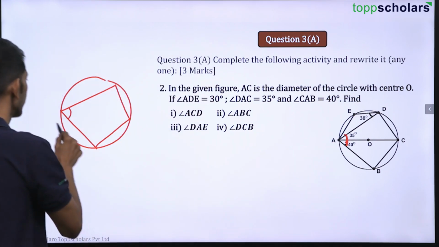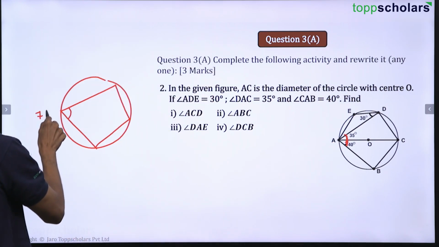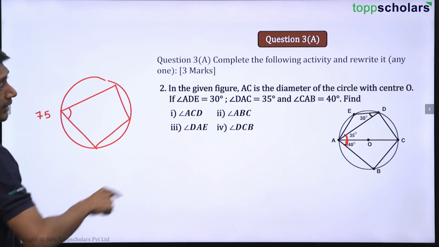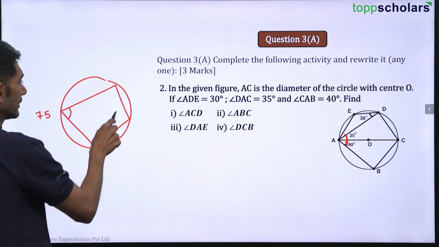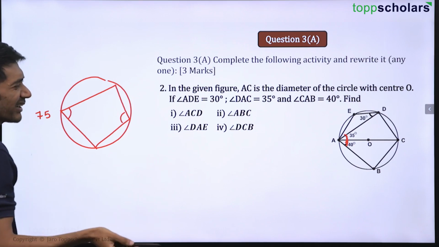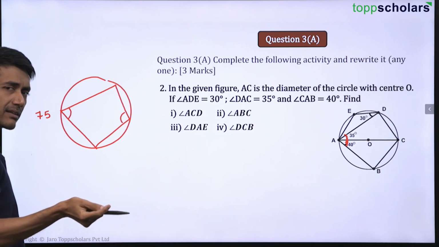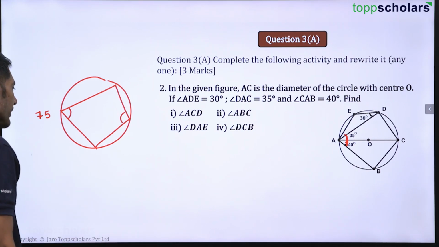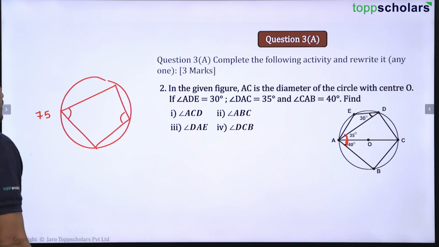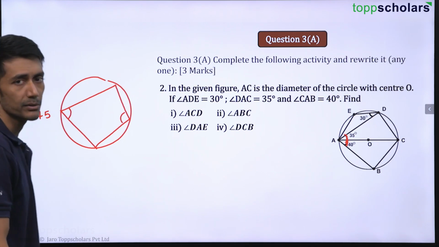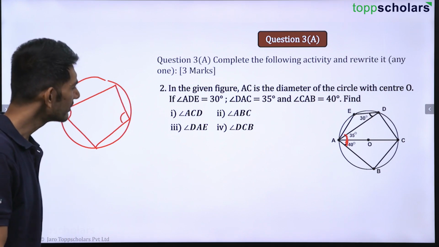This is 75, correct? And then how much is DCB? That is the question. DCB, it is a cyclic quadrilateral, then DCB is going to be 180 minus 75, and that is how much? 105. Okay, let us check.